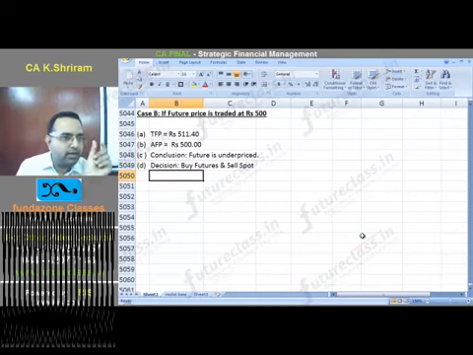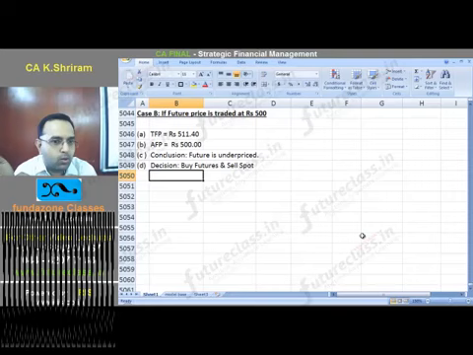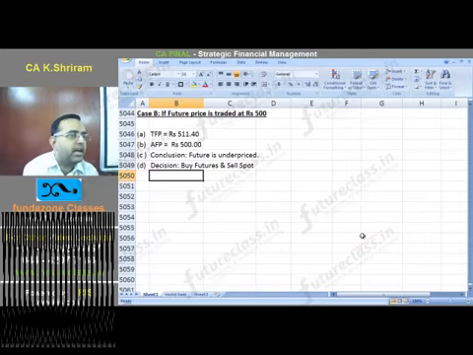Now, behind the words sell spot, there are three transactions. You have to sell the spot. For that, you need a share. For that, you borrow. And if you sell the spot, whatever cash you have got, you have to invest in RF. All these three will happen together.